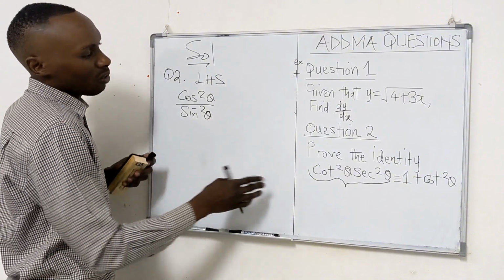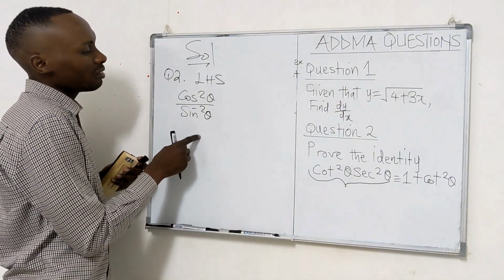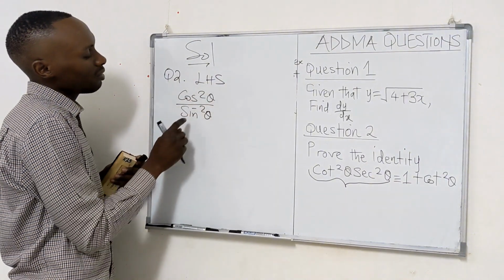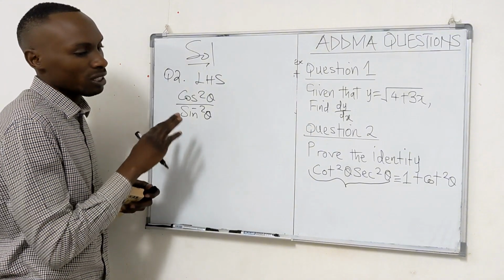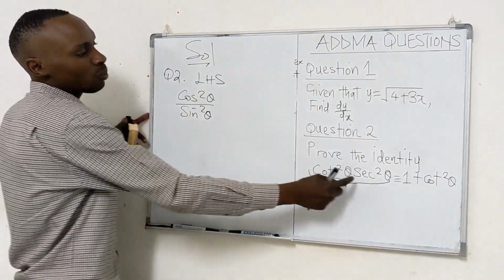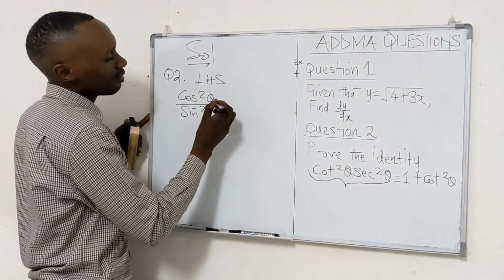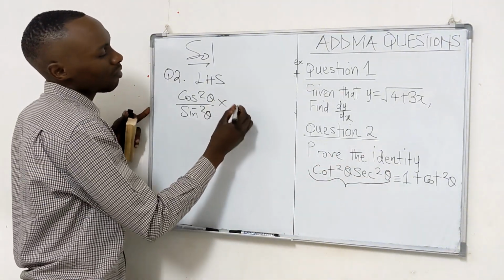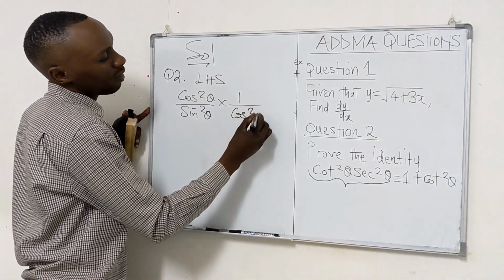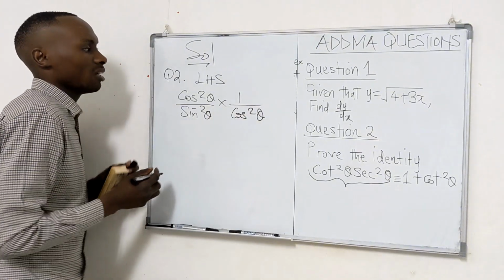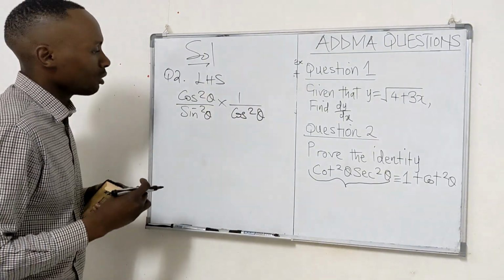So we proved it earlier on. Then sec squared theta is the same as 1 over cos squared theta. So then, what can we do here?